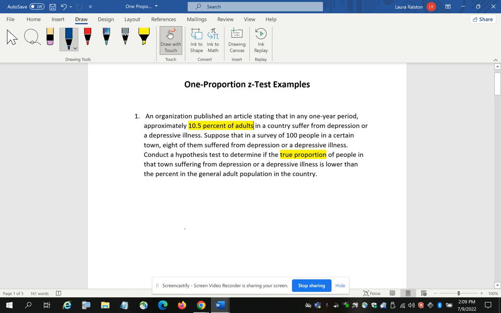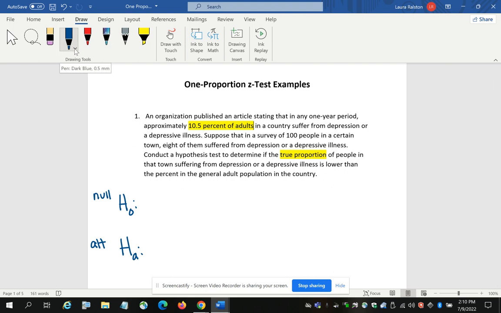state the hypotheses. So we need to state our null hypothesis, and we need to state our alternative hypothesis. And we follow the same rules as we have in the past. The null hypothesis should contain equal in some form, and the alternative is the exact opposite.